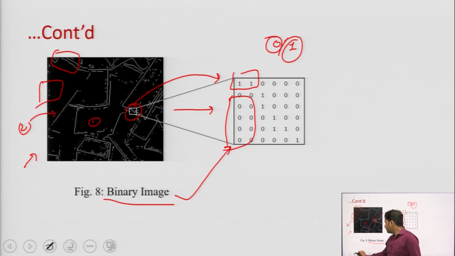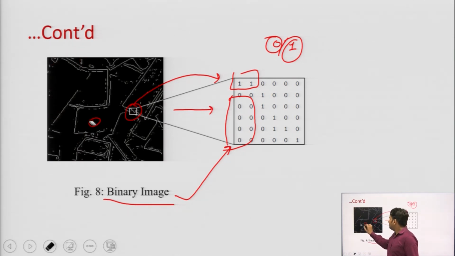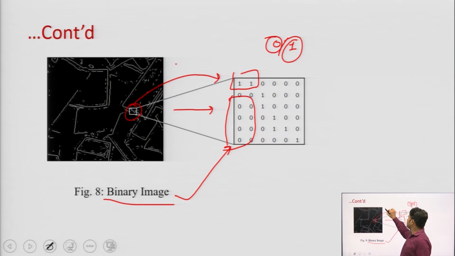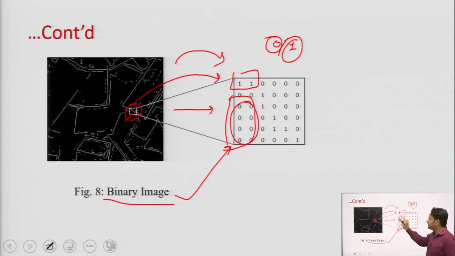Okay. That portion we are not taking here, we are taking that portion only. Okay. That portion we are zooming out. Okay. So, if we have a blackish part here, then see, that entire portion is 0, because 0 belongs to the black portion.